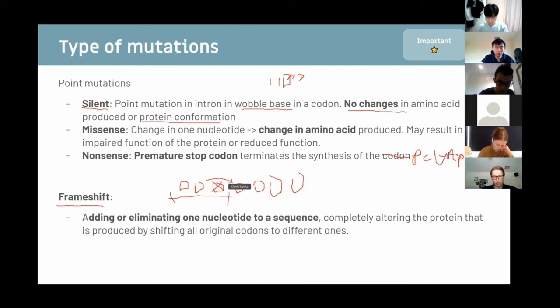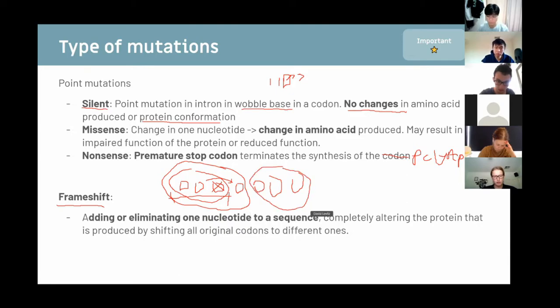So then instead of these three being the original triplet, these 3 become the triplet. And then these 3 become the next triplet instead of initially being these 3. I hope that makes sense despite my messes, but everything shifts, everything changes, all the amino acids change.